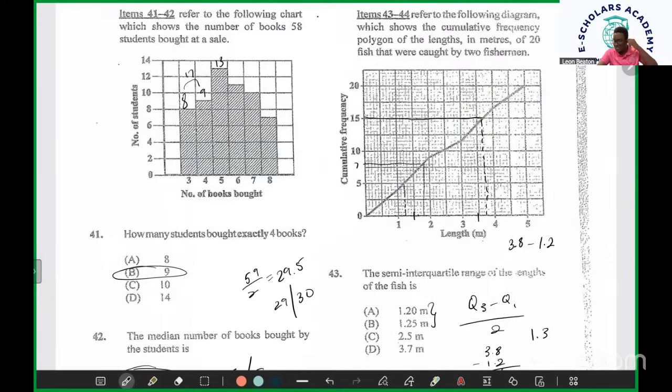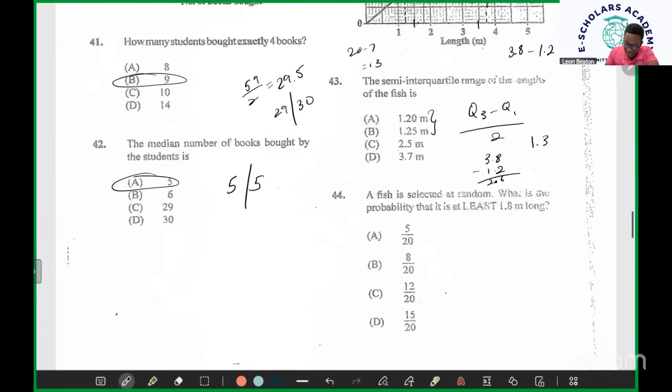At least means 7 and more, right? So we have to count all these people here for 7 and more. 20 minus 7 is 13. So 13 over 20.